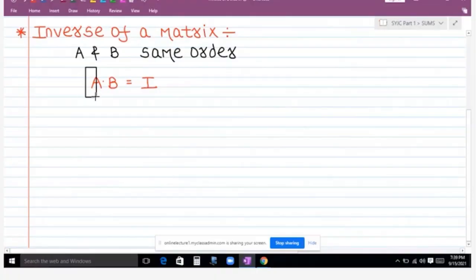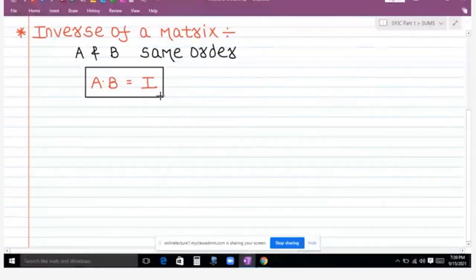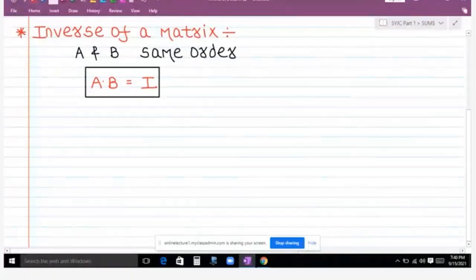Only when A into B becomes equal to I, where I is the unit matrix, or it is called the identity matrix. समझ में आया तुम लोग को?